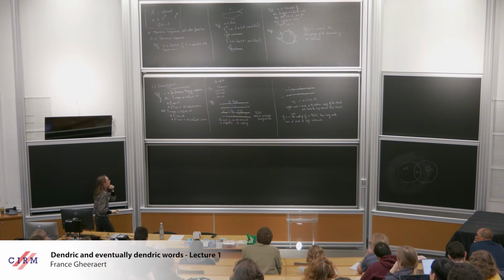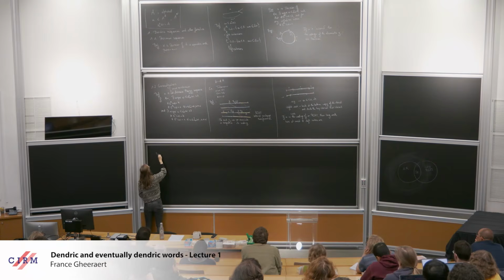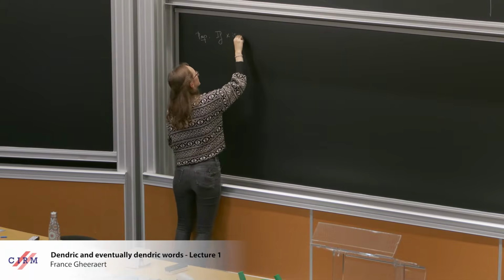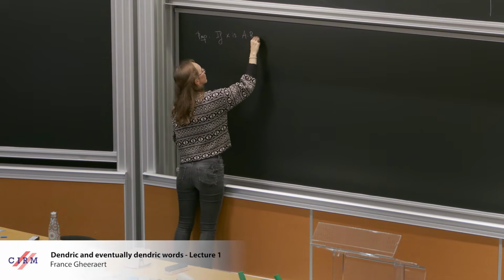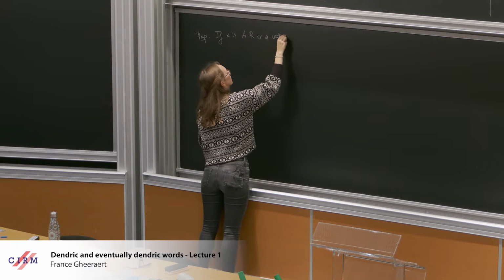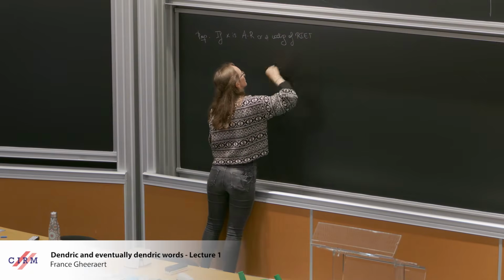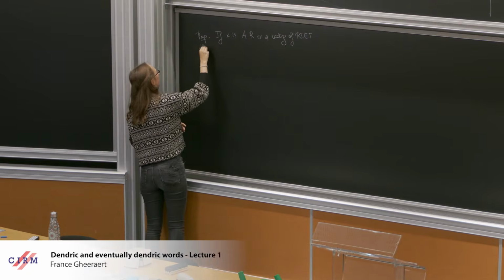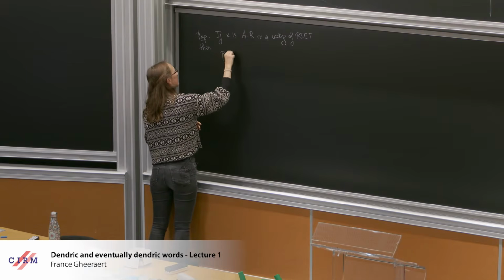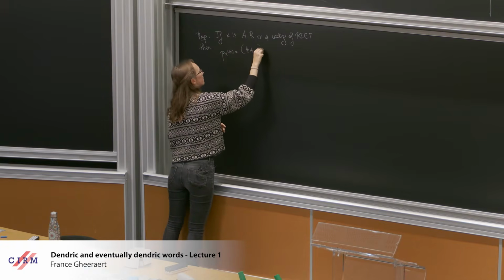And one of the properties is that if my sequence X is Arnold-Rosie or a coding of a regular interval exchange transformation, then its factor complexity is given by this formula.